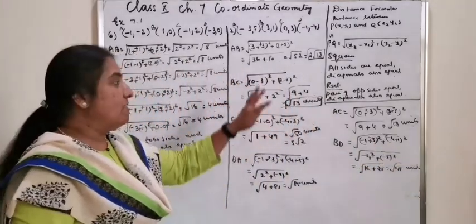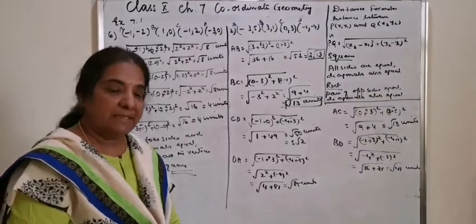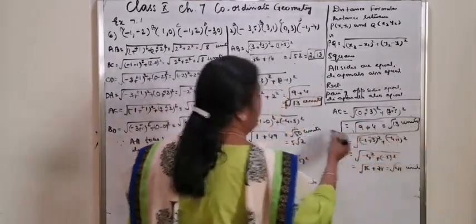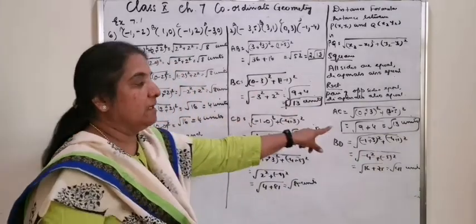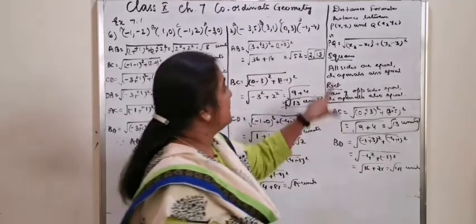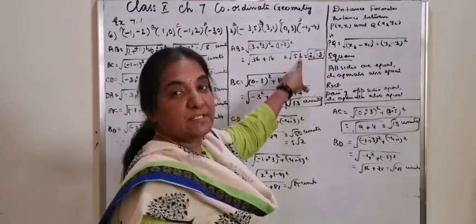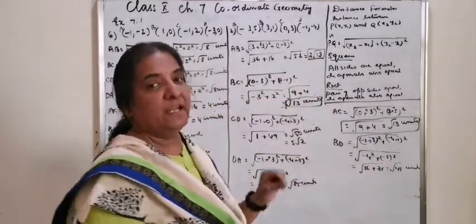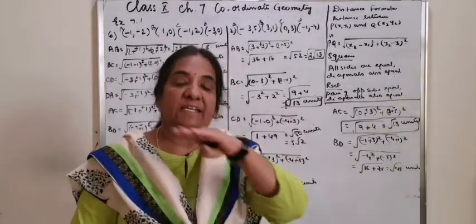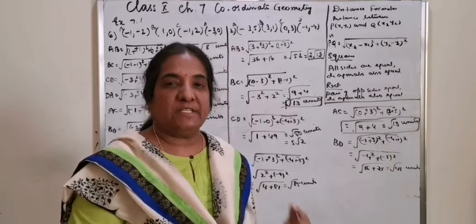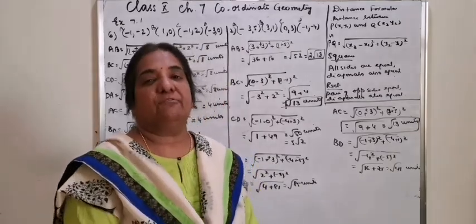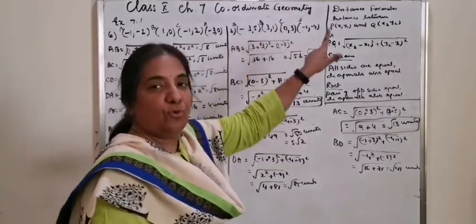We can see all the measures are different, but the BC length and AC length, both are root 13 units, and BC plus AC is equal to the AB length, 2 root 13, which shows that the points A, B, C are collinear. Out of the 4 points, if 3 points are collinear, there cannot be a quadrilateral formed with these 4 points.